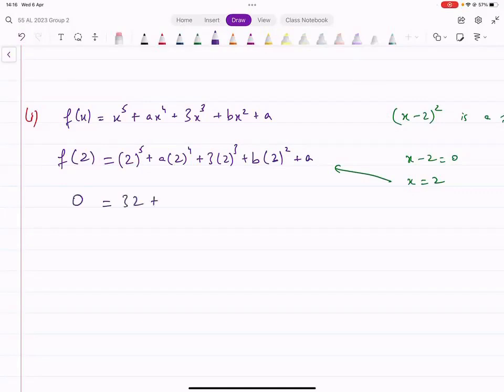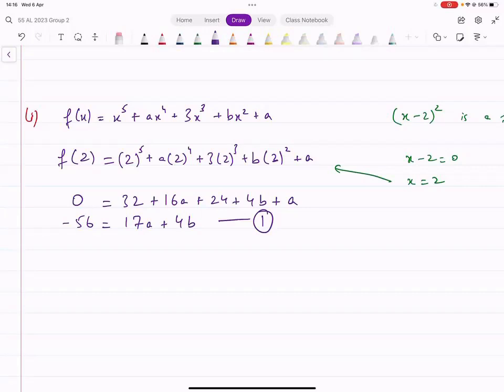We get 32 plus 16a plus 24 plus 4b plus a. A और b में एक इक्वेशन आ गई. This is 17a plus 4b... something wrong. 32 plus 24, 56. So that goes to the other side. That's minus 56. ये हमारे पास एक इक्वेशन है, एक लीनियर इक्वेशन है.